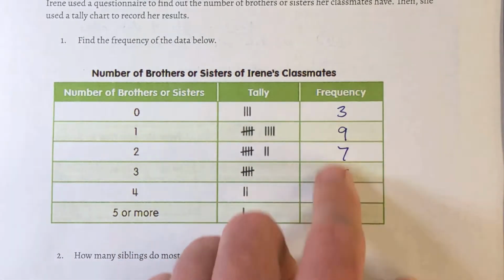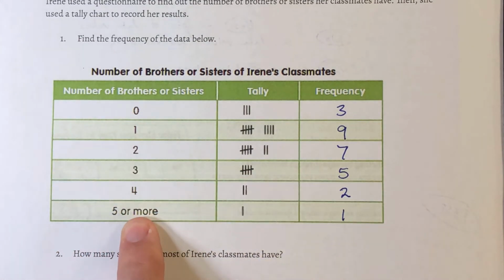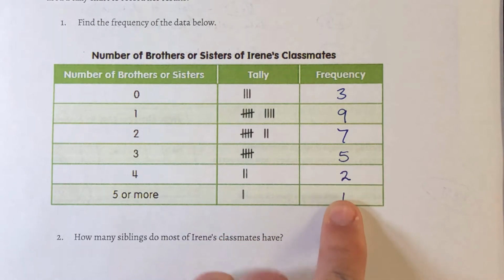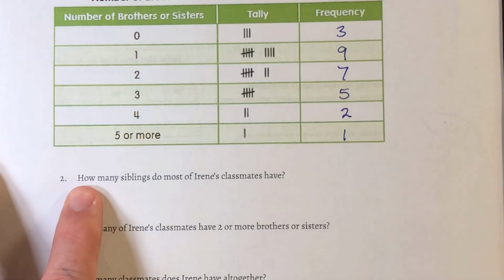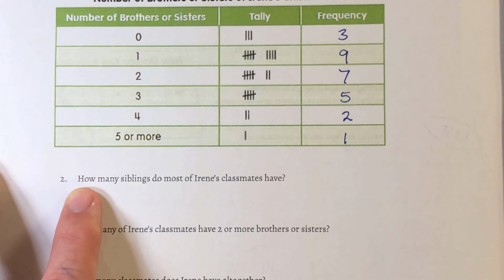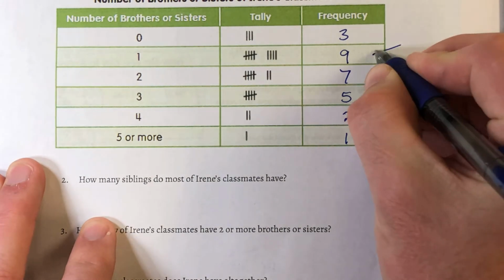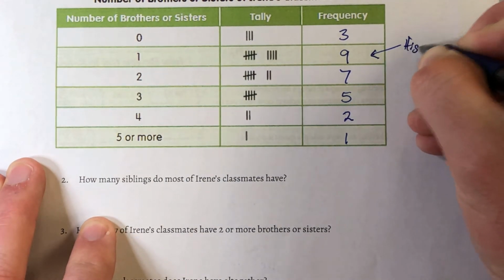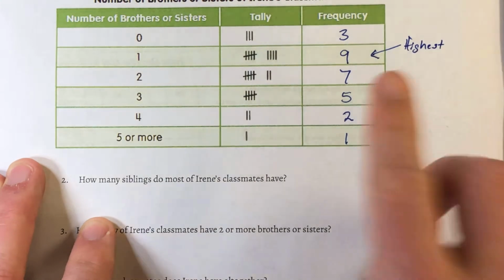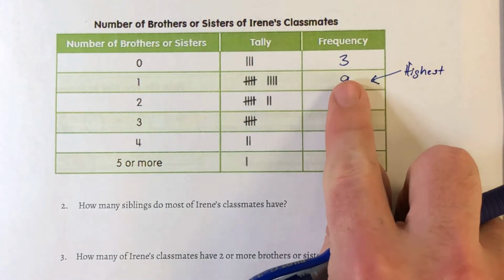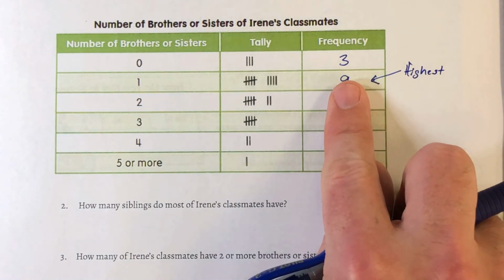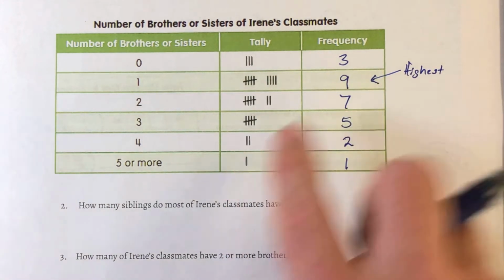Okay, so we have found the frequencies. We found how often people said that. Again, these represent the people who answered. Next question: How many siblings do most of Irene's classmates have? I'm looking for the highest frequency. Our highest frequency is 9. Now be careful with these numbers. I don't want to say people had 9 siblings.